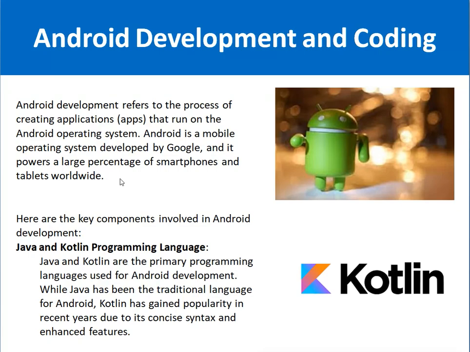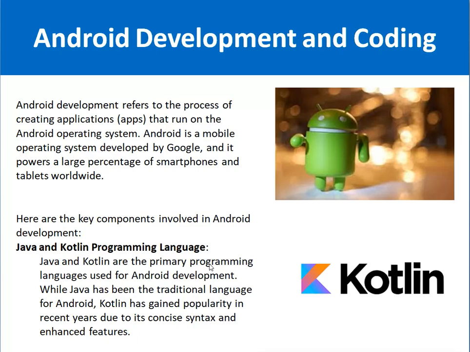The key components of Android development, first one is the Java and Kotlin programming languages. Two languages are very common nowadays for Android software development. First one is Java and the second one is Kotlin.